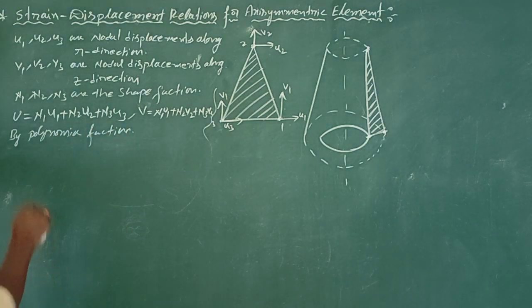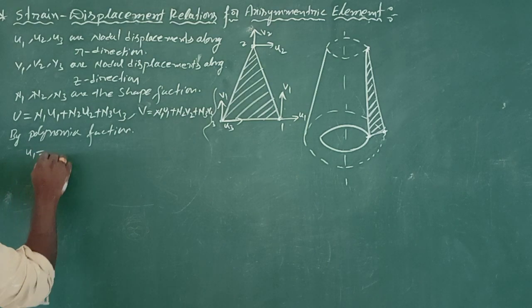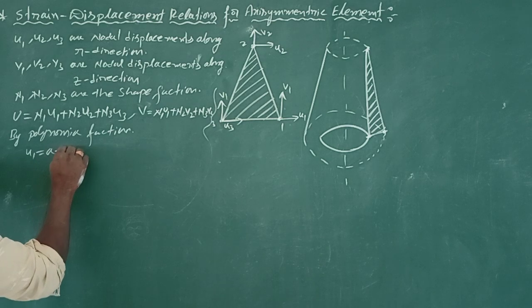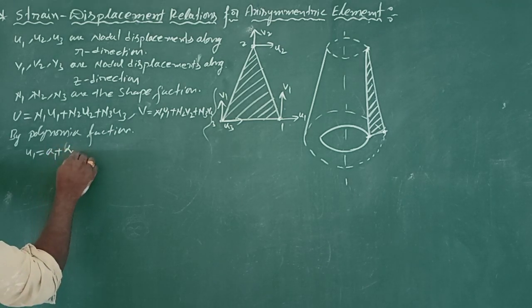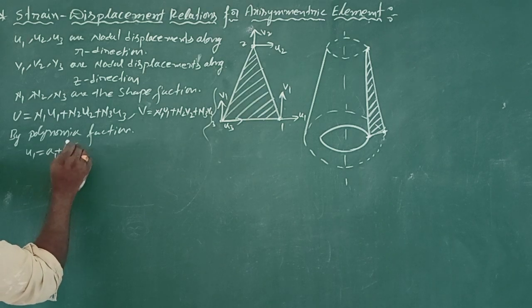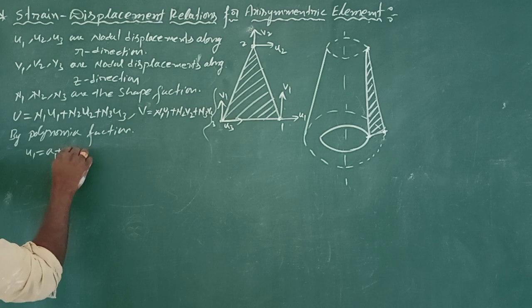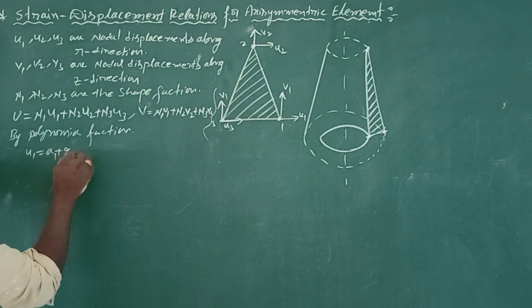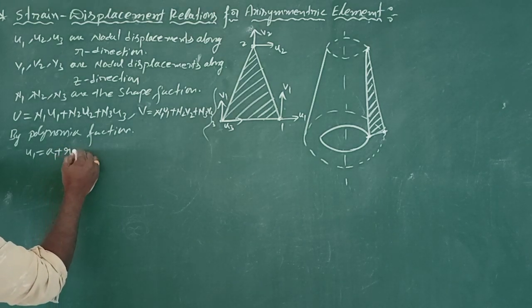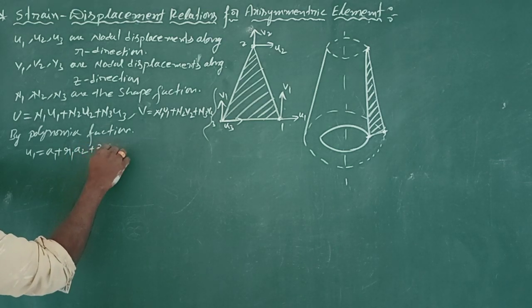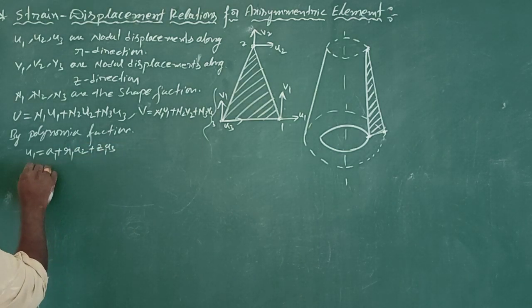So we know U1 is equal to A1 plus R1 alpha... sorry, R1 A2 plus Z1 A3. Okay, like that.